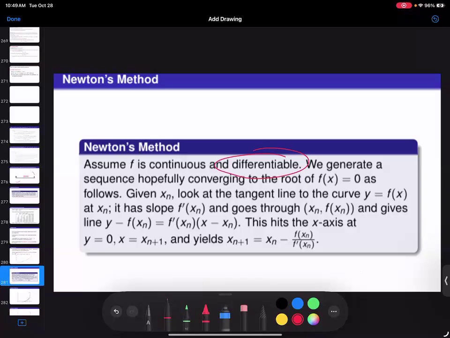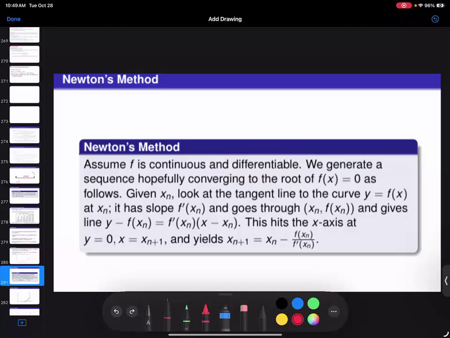In divide and conquer, we just assumed our function was continuous. Now we're assuming the function is continuous and differentiable. We shouldn't be doing worse if we assume more about our function. And the idea is now that we have more at our disposal, we expect to be able to get a better result. And so we're going to generate a sequence, hopefully converging to the root, as follows.